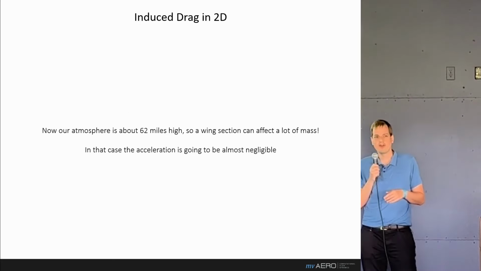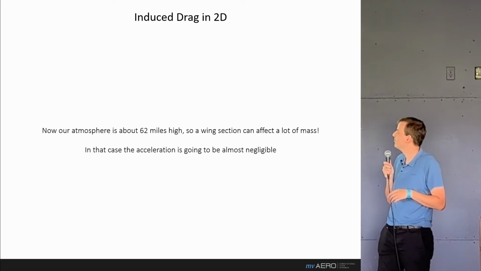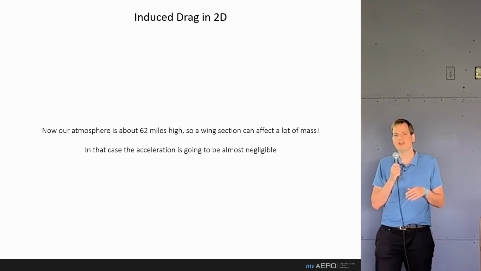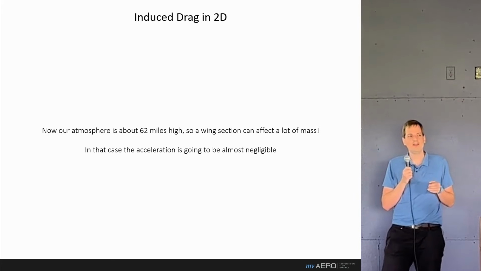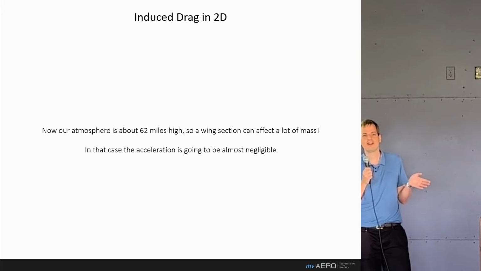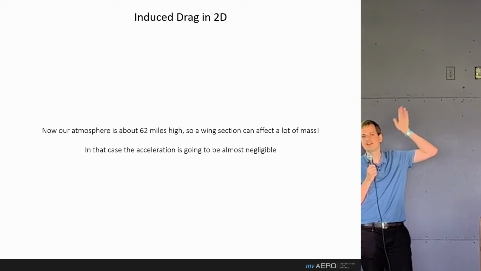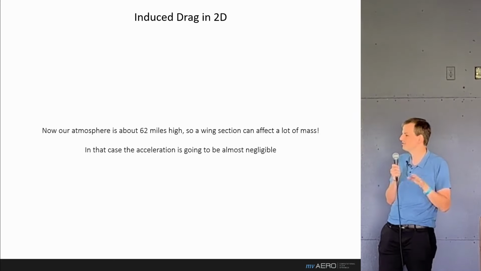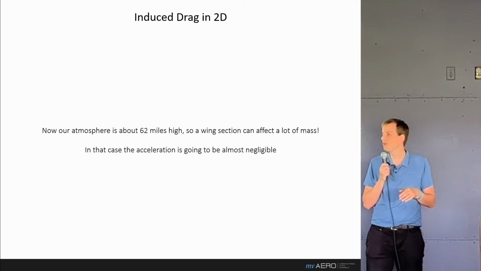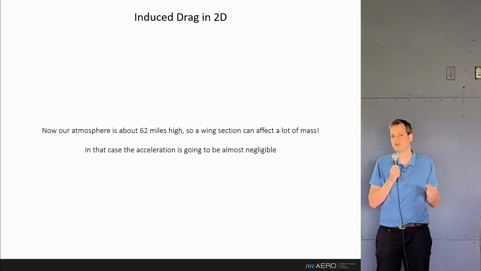Now, our atmosphere is about 62 miles high, so a wing section in theory can affect a lot of mass. And if we have a wing section that can actually affect the entire atmosphere all the way up to 62 miles, all the way down to ground level, then our acceleration is always going to be negligible.